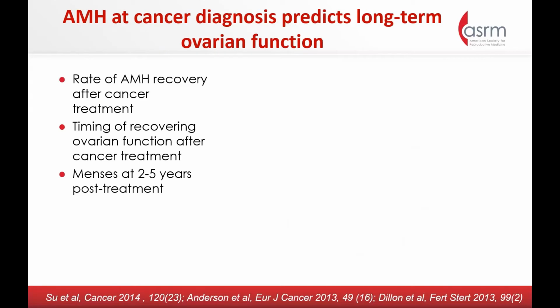The second place where measuring ovarian reserve may be helpful at diagnosis is that there's actually a nice amount of data that AMH at cancer diagnosis will predict long-term ovarian function. So what it predicts, where you are prior to cancer treatment, predicts the rate of recovery after cancer treatment.